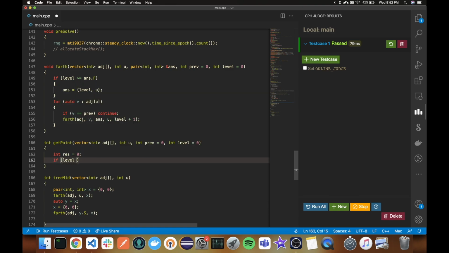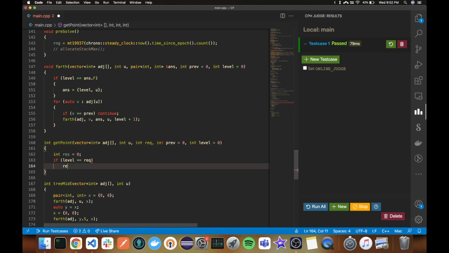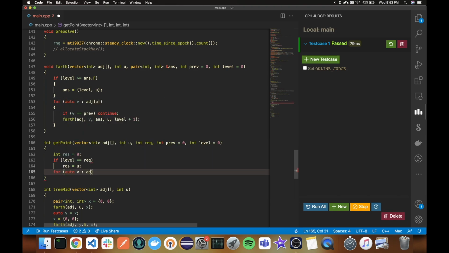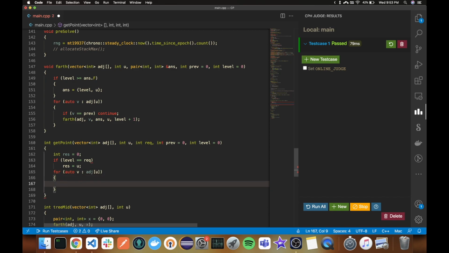If level is equals to whatever the required level is, so if that is the case, then the result is equals to u. Let's do the DFS. By the way, if this doesn't work, I'm not even gonna try anymore. I also have to upload the screencast.